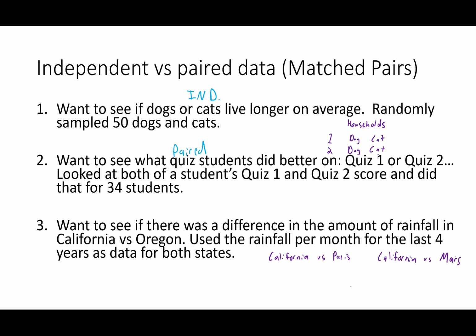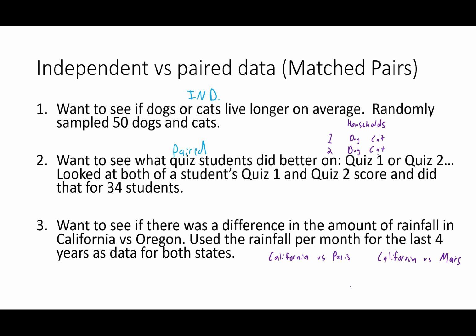Yes, California versus Oregon are closer than California versus Paris and California versus Mars. So we're right in the sense that maybe the weather is more linked to California and Oregon compared to California versus Paris, and even more so than California versus Mars. But it's not about the variables you're studying.